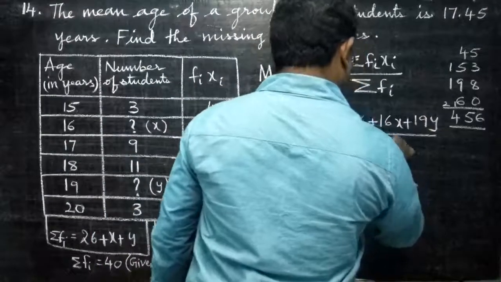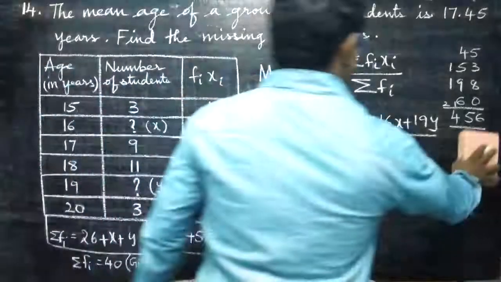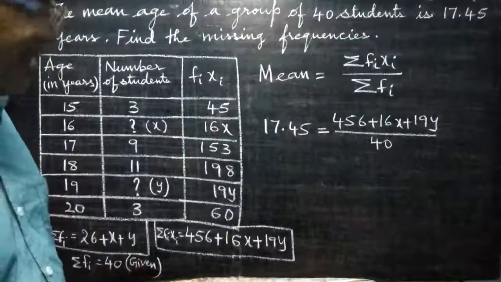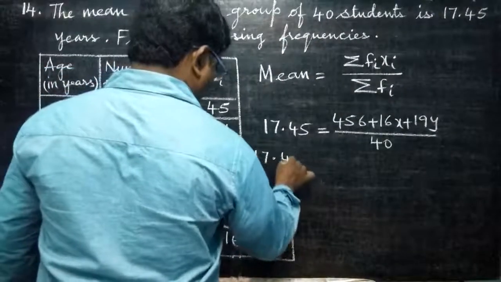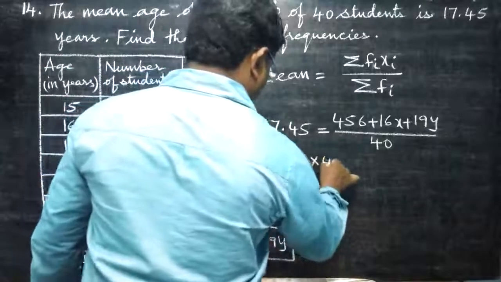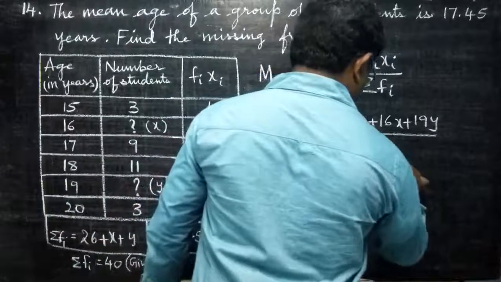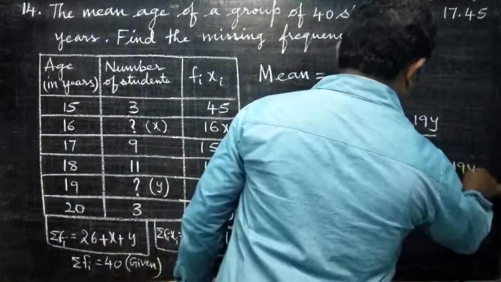You write 40, because they gave sigma fi as 40. Now cross multiply. 17.45 into 40 is equal to 456 plus 16x plus 19y.